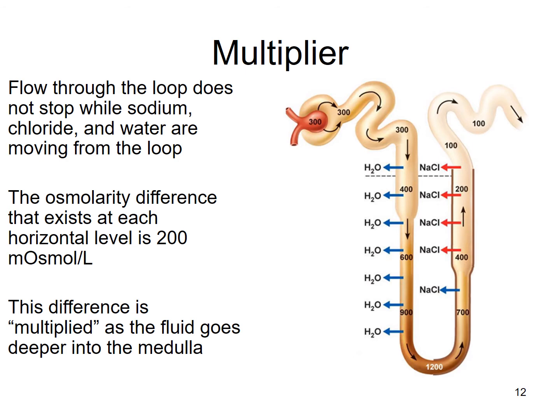What this results in is an osmolarity difference at each horizontal level of about 200 milliosmoles per liter. That's not reflected exactly in the diagram on the right, but what it does mean is that the difference gets multiplied. So your osmolarity difference gets bigger and bigger as you move deeper into the medulla. That's the reason why this gets called a countercurrent multiplier.